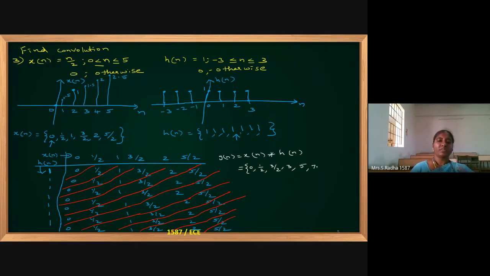I will just write 7.5. This row I completed: 7.5. Then 3, 2, again 7.5 only. Again 3, 5, so 7.5 only. This row I completed.